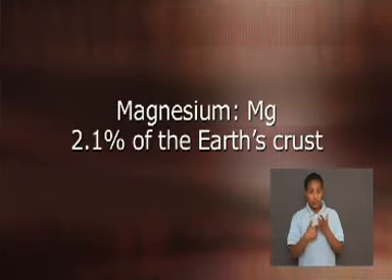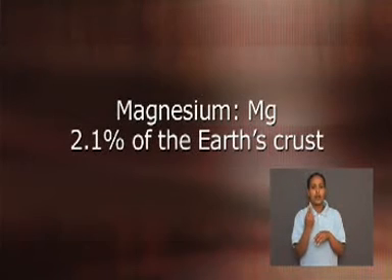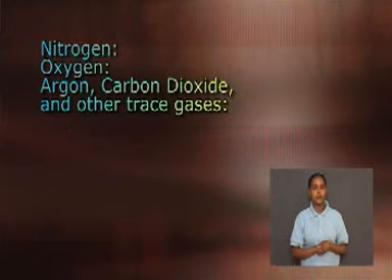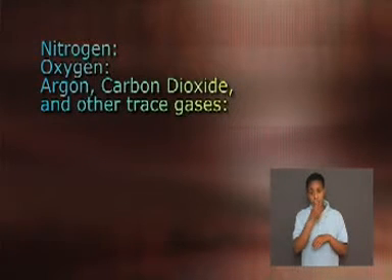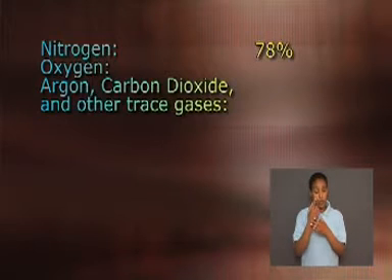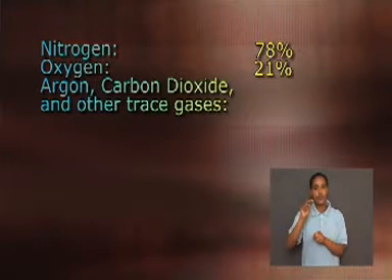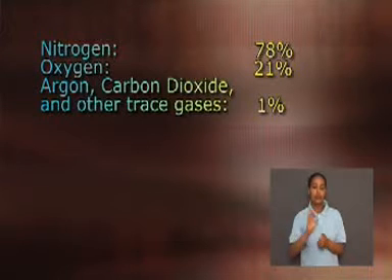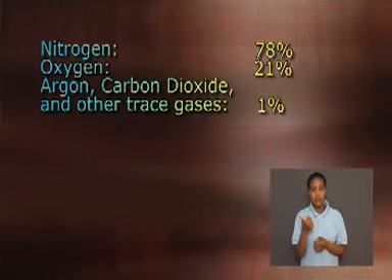This metal is often used in alloys for its low mass and high strength. The Earth's atmosphere, in case you were wondering, mainly contains nitrogen, oxygen, argon, carbon dioxide, and other trace gases.